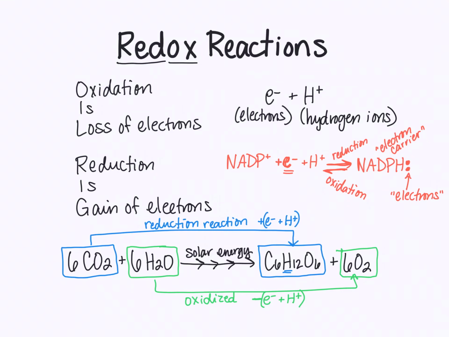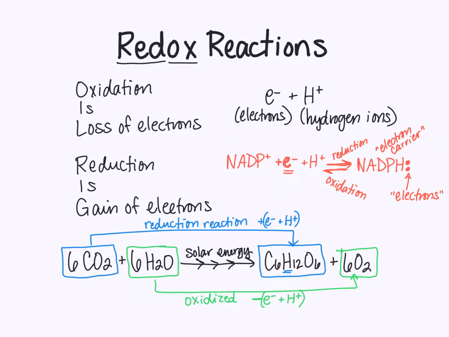So in summary, it's just important to note that oxidation and reduction reactions typically occur together because the electrons that are removed from one atom or molecule have to go somewhere. And so when one atom or molecule is oxidized and loses those electrons, then another atom or molecule is reduced by gaining those electrons.